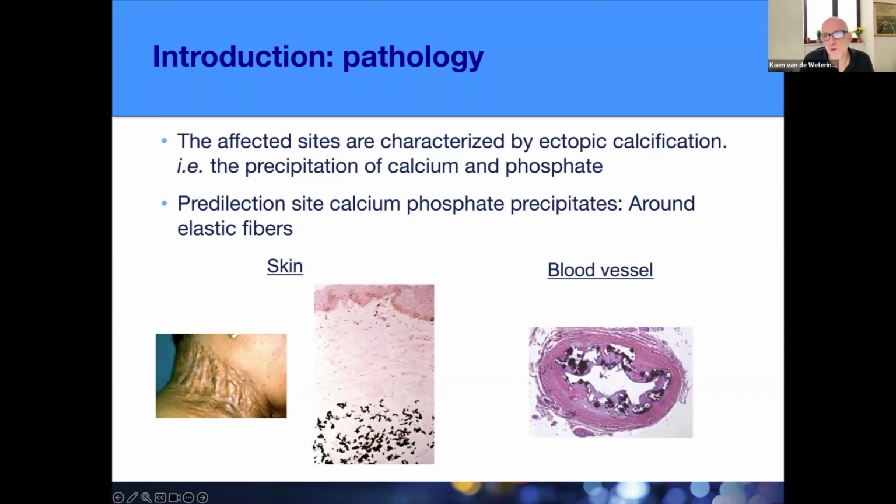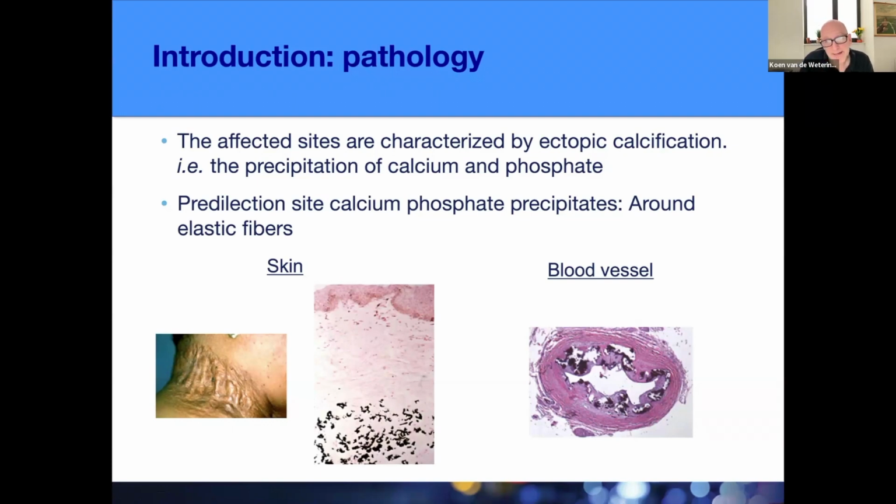In the dermal layer, you see the black material, which is calcium phosphate. That's hard material. It's the same material that's present in your bones. And calcium phosphate in the skin damages the elastic structures that are normally present. That explains why the skin gets a wrinkled and sometimes leathery appearance.